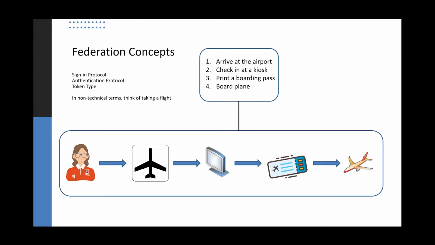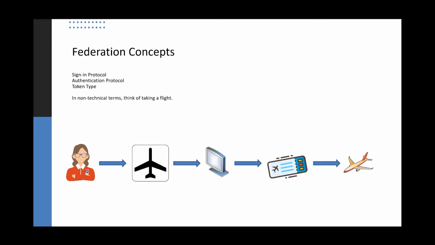So this whole process is an example of a sign-in protocol. You'll see these as SAML, OpenID Connect, WS Federation. This process may vary airline to airline, airport to airport, but we're basically doing the same sequence of things, just slightly different, as is the case with the different sign-in protocols.